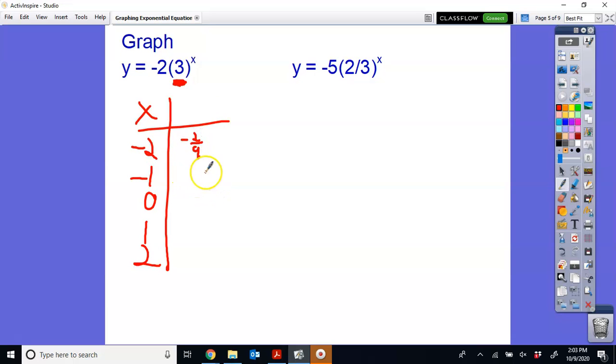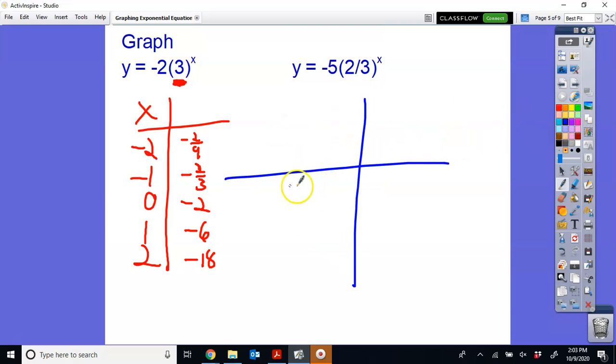Yes, you can get a decimal. -2/3, 0.67 right there. -2, -6, and -18. What's happening there is this graph would be going through here at -2, and it would go down to 1, -6, and then 2, -18 would be way down here.